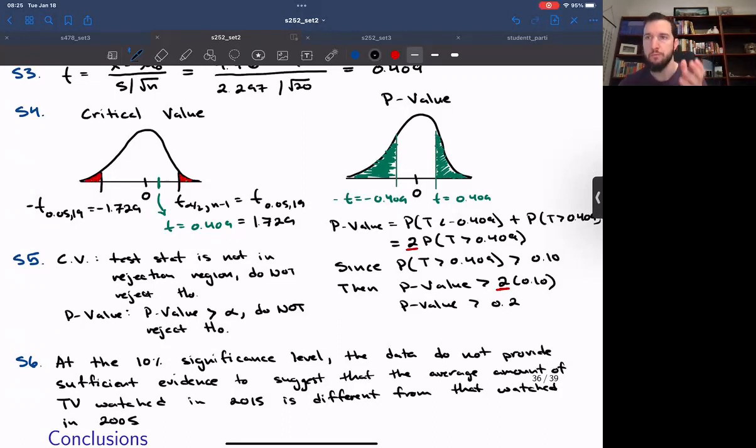With the p-value approach, we strictly compare the value of the p-value to the significance level, and that's how we make our decision about H0. So it's only with the critical value approach that you would compare the test statistic to the critical value and determine if that gives you evidence for or against the null. With the p-value approach, you always compare the p-value to alpha directly to determine if you reject or do not reject the null. Does that make sense?